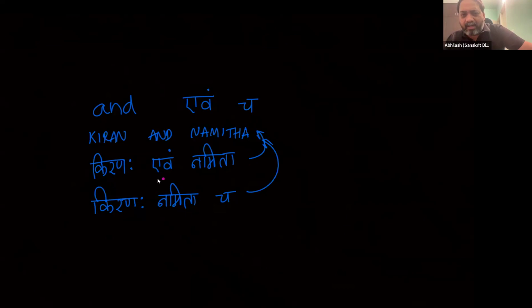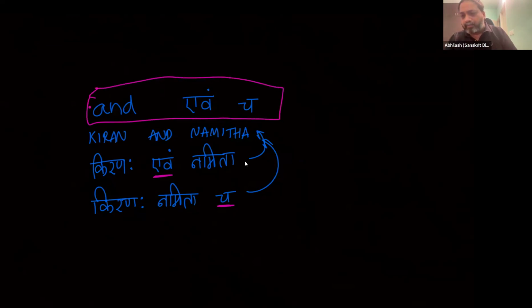One appears in the middle like a regular and in most languages, and this one appears at the very end. And if the list has 6 names, for example, Abhilashah, Nirbhayah, Ruchika, Namita, Kiranah, Rakshitah, cha, I could do that also. As you are speaking and making a list, and you realize, oh, I have said the last name already, I should have said an evam before this. You can add the cha and it will still work. So that's and for you.